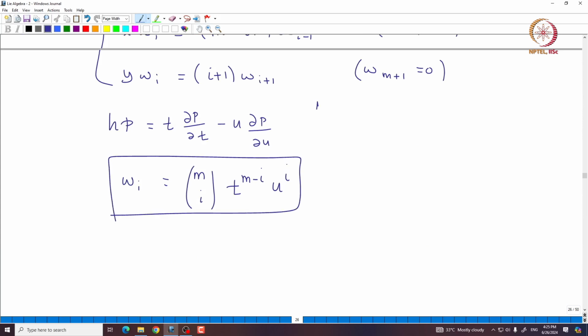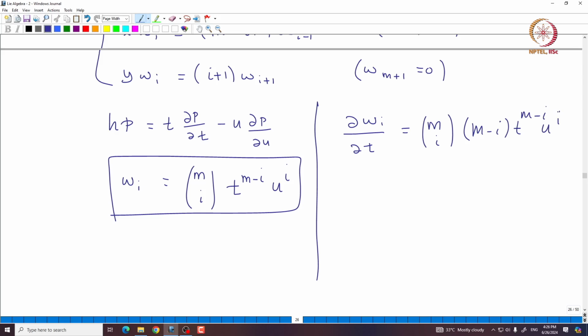Now, if you compute this, you can see that dou w i divided by dou t is going to be m choose i, m minus i, t power m minus i minus 1, u power i. Then you are going to multiply by t, so the power will be increased. This is the action of h on w i that we are computing.